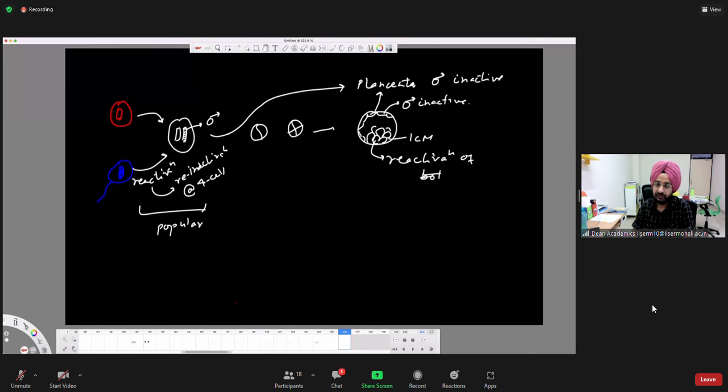Reactivation has happened during the blastocyst stage, and this will develop into the placenta and the embryo, right? So here you have the paternal chromosome which is inactive.